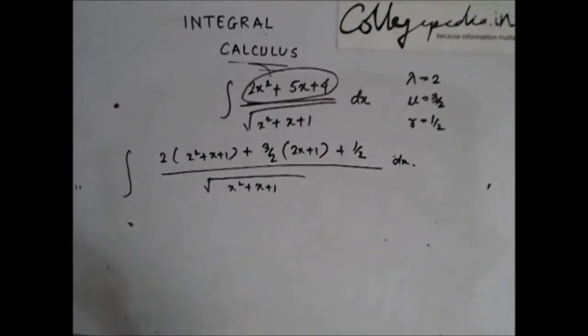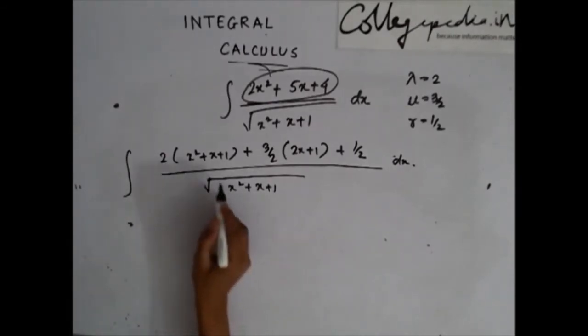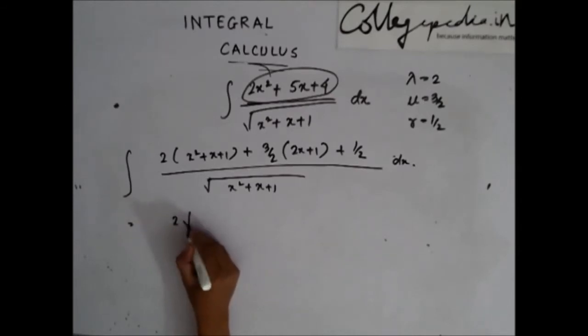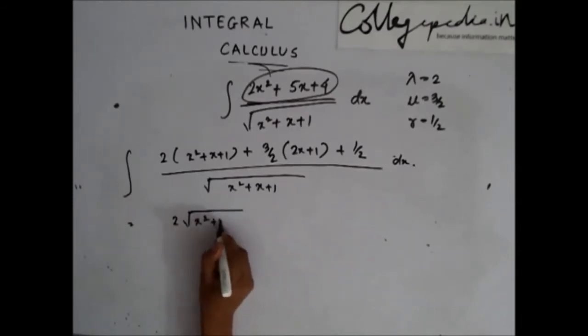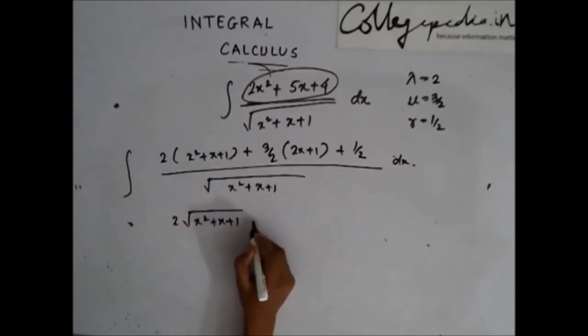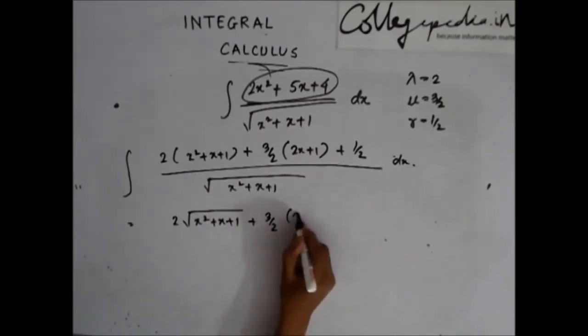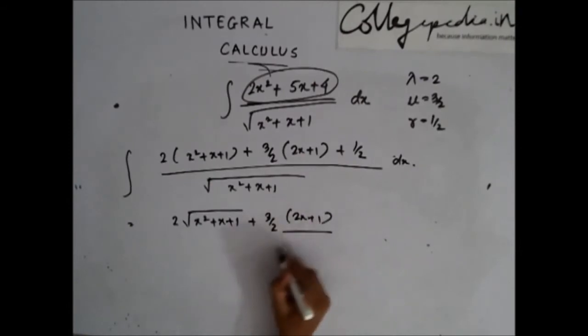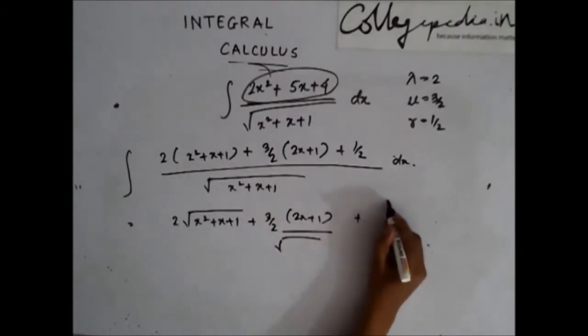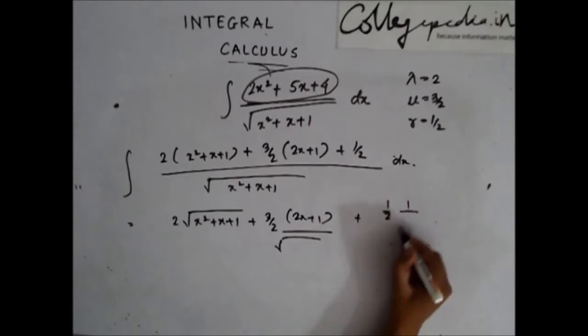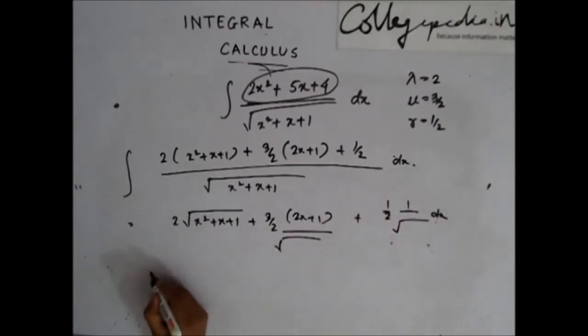So now this becomes 1 plus 3 by 2 times 2x plus 1 by this expression plus half times 1 by this expression dx.